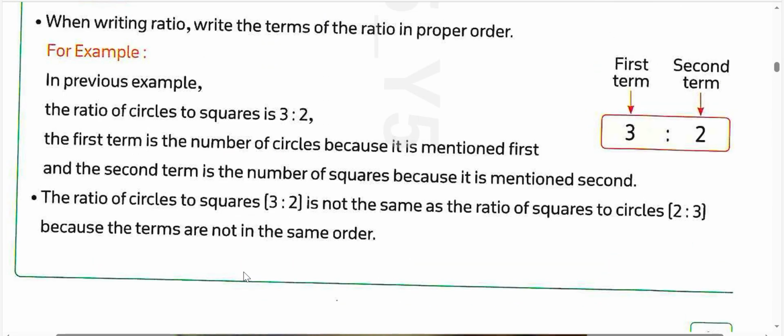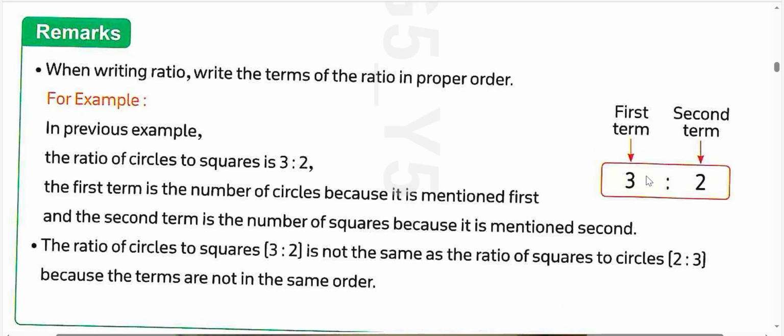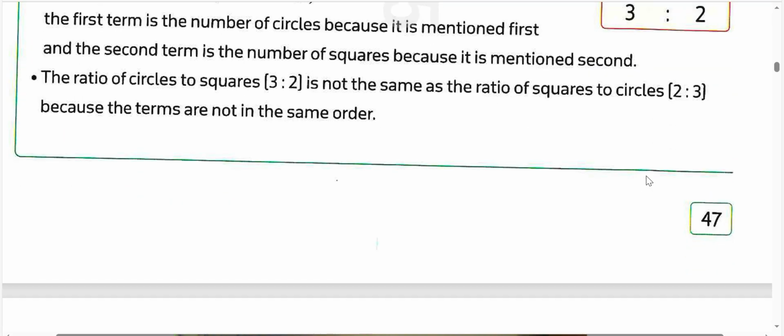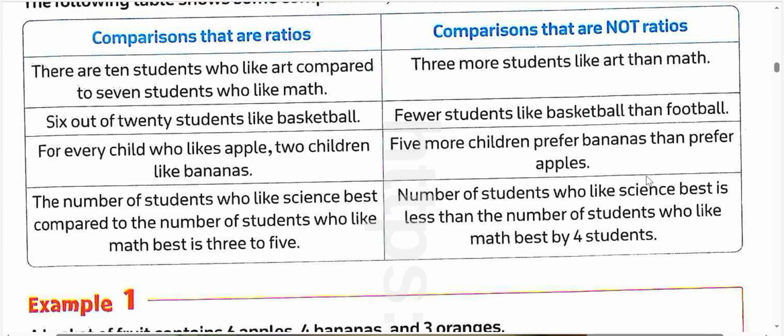The first we call the antecedent, the second we call the consequent. First term and second term. Now we ask about comparisons that are ratios and comparisons that are not ratios.